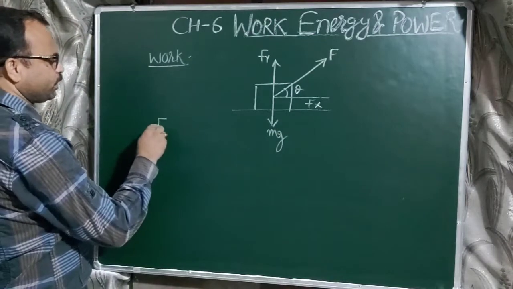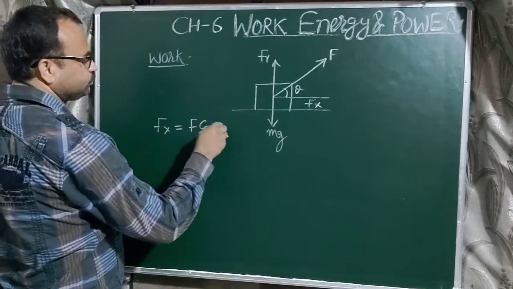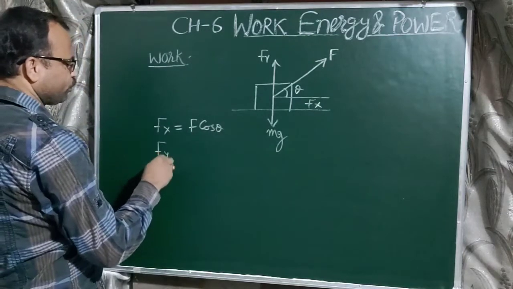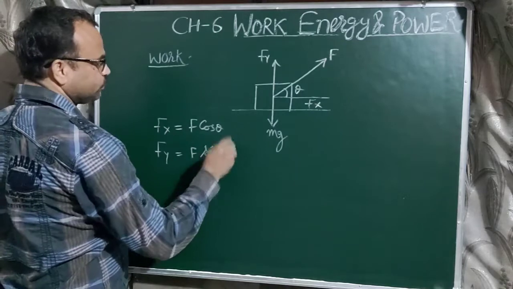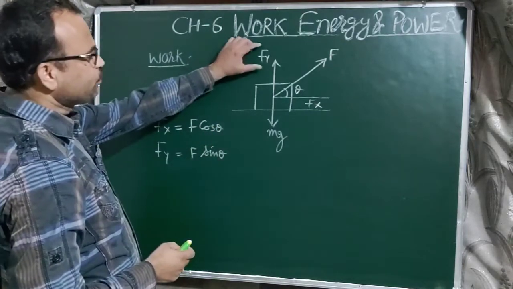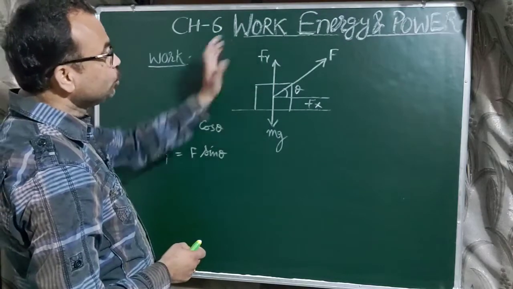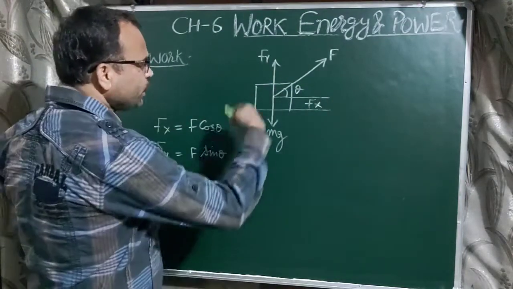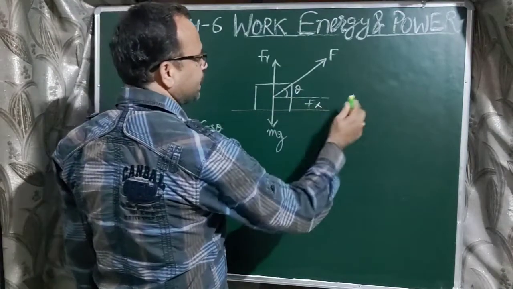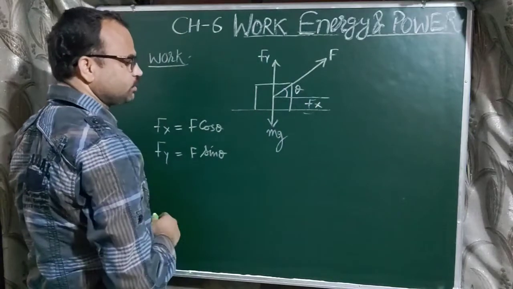The horizontal component of force will be F cos theta and the vertical component equals F sin theta. This vertical component balances the weight of the body, so it has no role in the movement of the body. The body displaces in the direction of Fx due to the horizontal component of force.